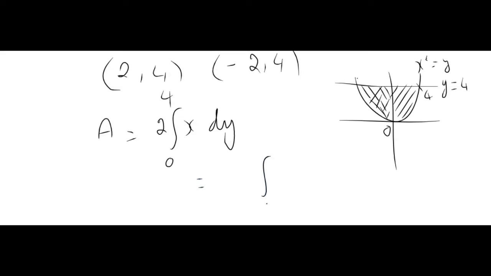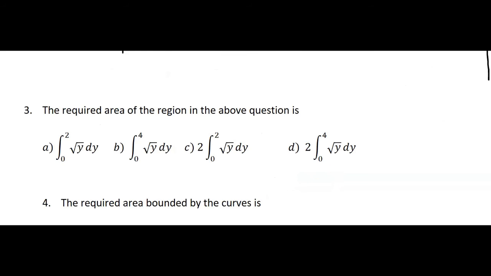So that is equal to 2 times integration of 0 to 4 root of y dy. So let's see which option is correct. Obviously A and B are not correct because 2 times is not there, and C has limits 0 to 2 which are not correct, but D is the correct option because it says 2 times integration of 0 to 4 root of y dy.